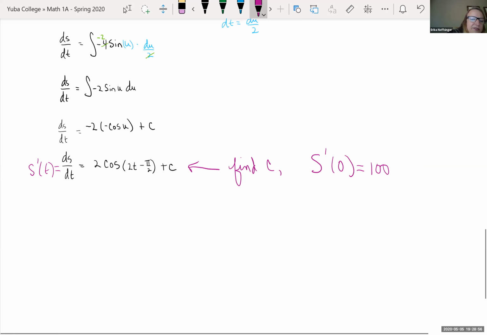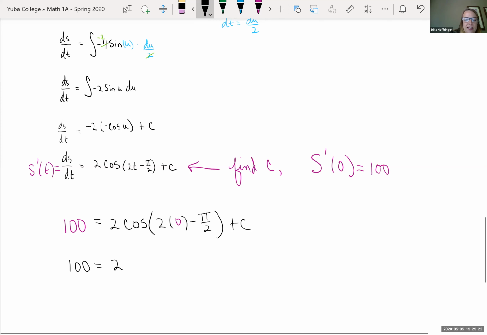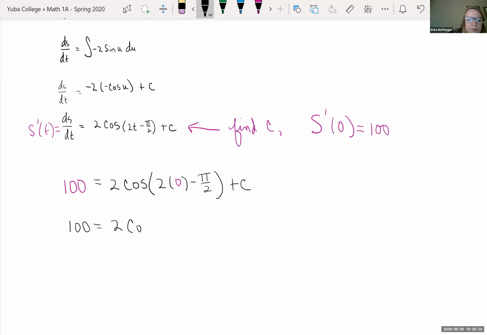So I have 100 is equal to 2 cosine of 2 times 0 minus pi halves plus c. So I have 100 is equal to 2 times cosine of negative pi halves plus c.